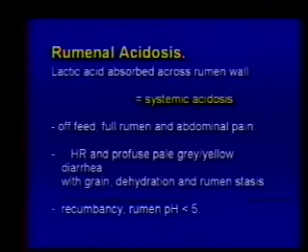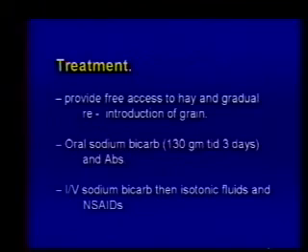A rumen pH in these animals is usually less than 5.5. So it's a lactic acidosis because it's absorbed from the rumen, and then we have an increased heart rate. The animal may have a yellowish gray diarrhea, abdominal pain, dehydration, eventually recumbency, and death.